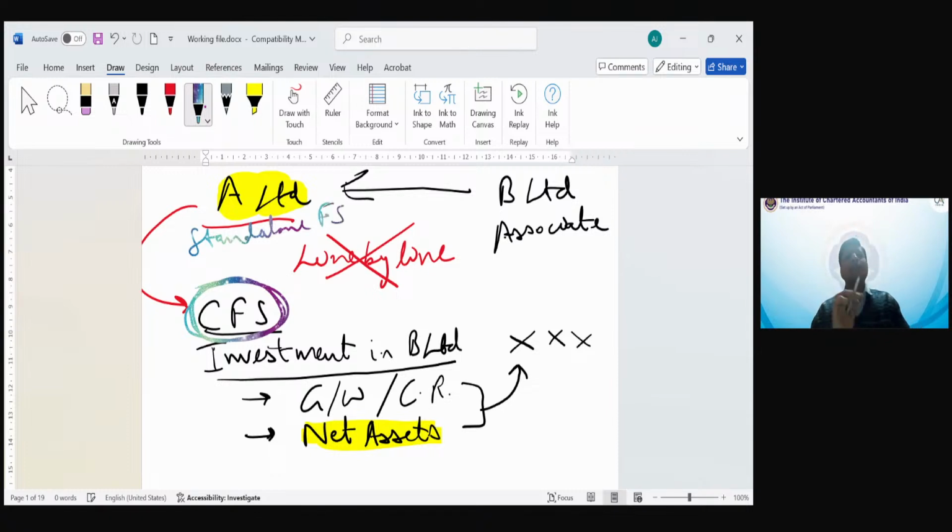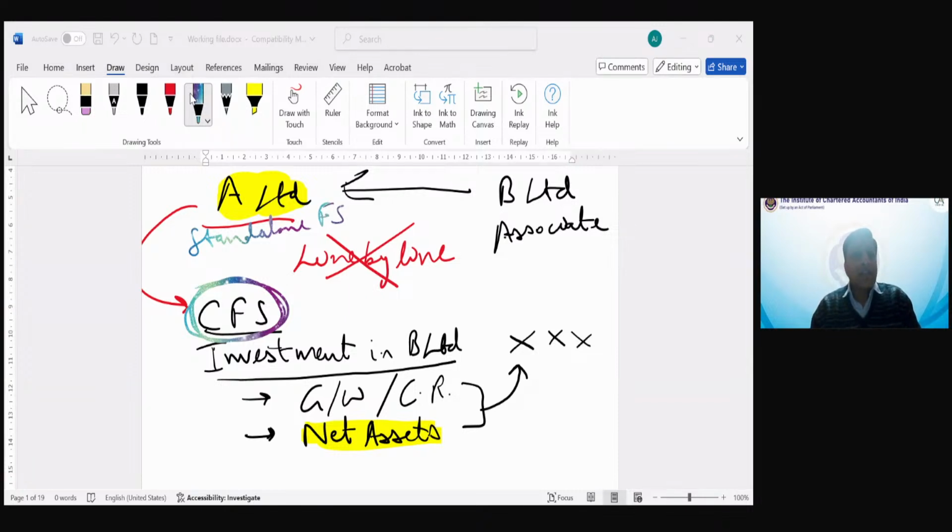It goes to the P&L of A Limited. So do we need to show that? No, because it's already captured there. Understood? Clear on this?